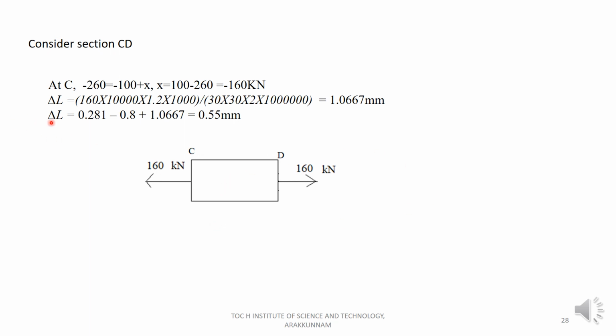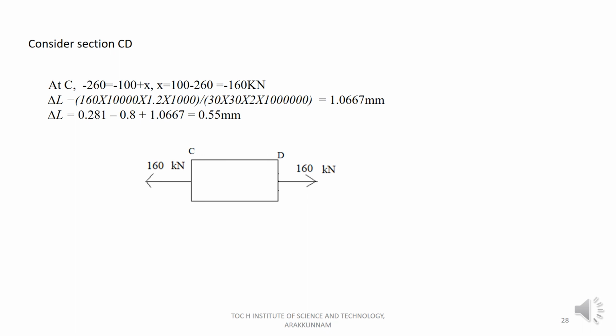So the delta L is equal to PL divided by AE, and that's equal to 1.0667, and since it is tensile in nature, it is positive. So the total deformation delta L is equal to 0.281 minus 0.8 plus 1.0667 mm, which is equal to 0.55 mm. That's the total deformation of the entire section.